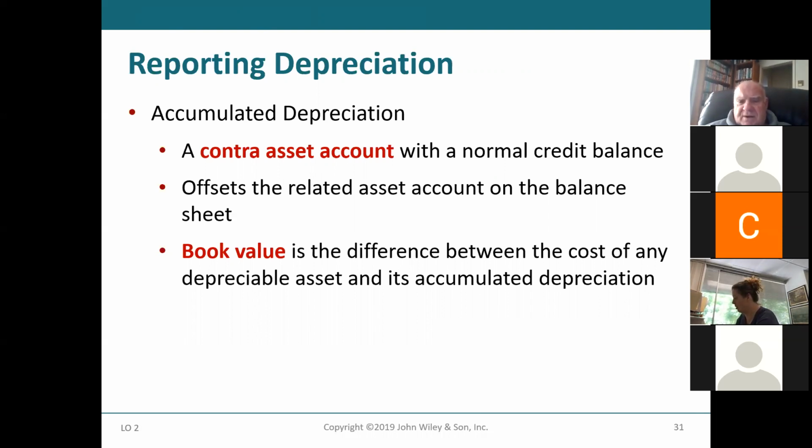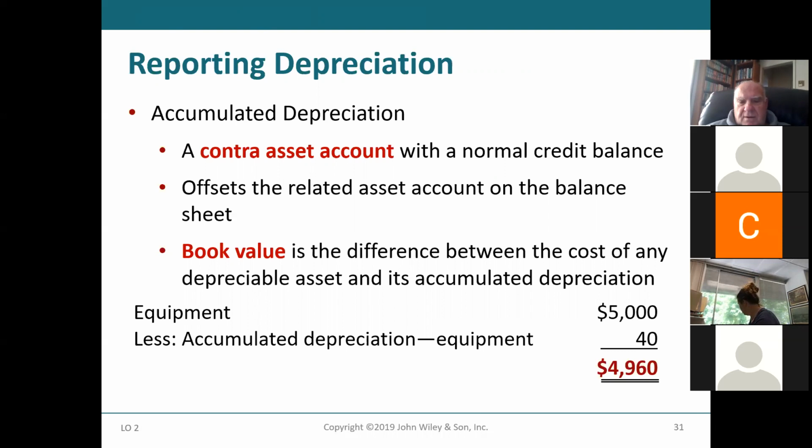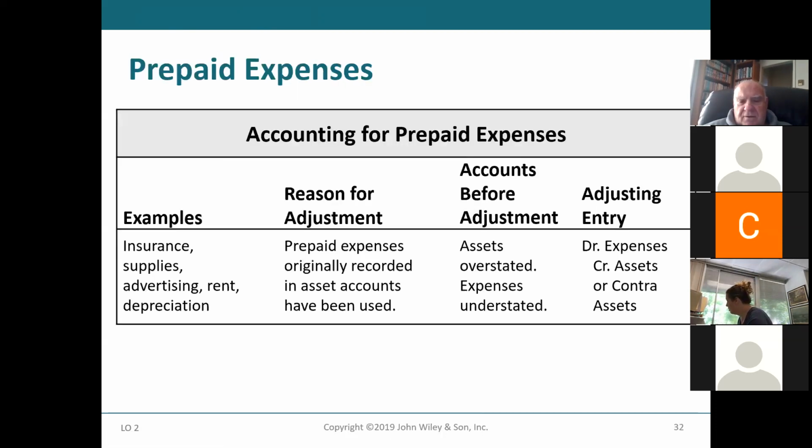The original cost of an asset minus the accumulated depreciation equals net book value. And here's an example. We paid $5,000 for the machine, less depreciation expense. The accumulated depreciation is 40, and the net book value is 4,960.